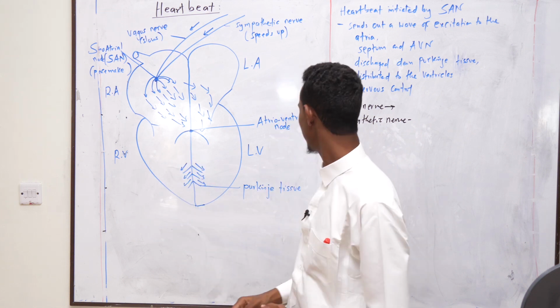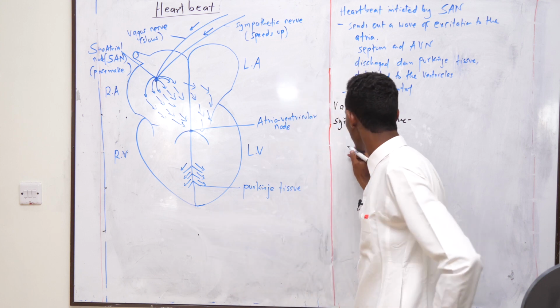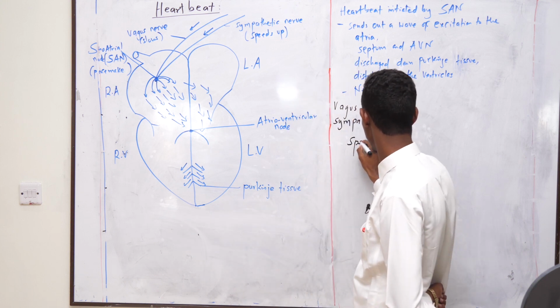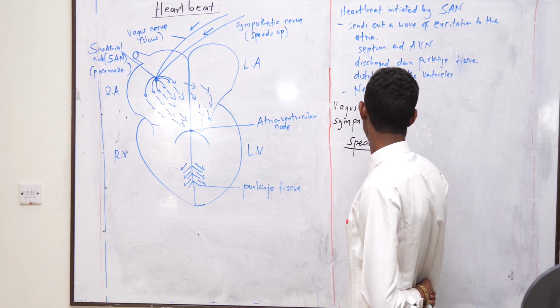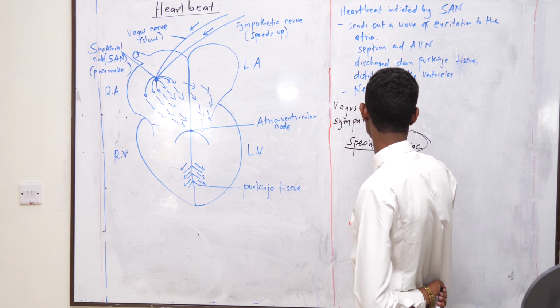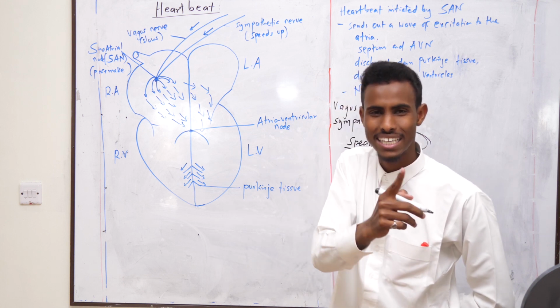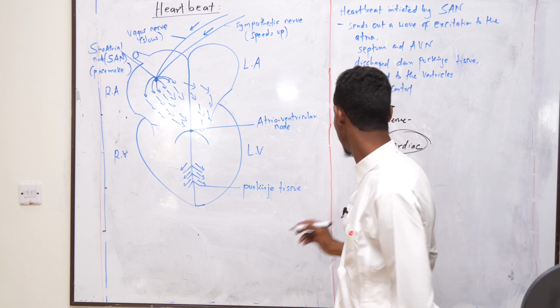I also want to clarify an issue about why the heart muscles are said to be special. The heart muscles are known as the cardiac muscles, and these muscles are special muscles. Point number one, they contract and relax rhythmically without fatigue.